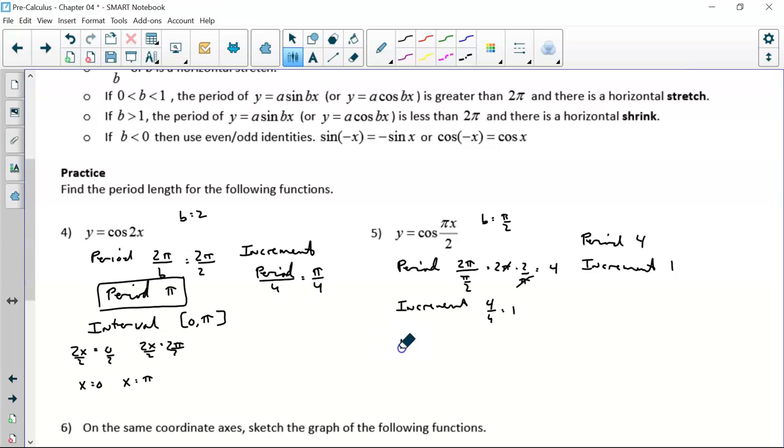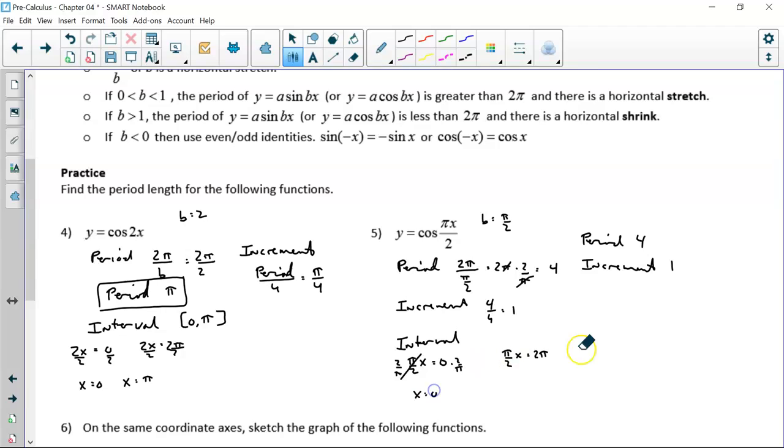And now our interval. Same thing we did. Now what it's going to be is pi over 2x equals 0. Pi over 2x equals 2 pi. Multiply both sides by the reciprocal, 2 over pi.